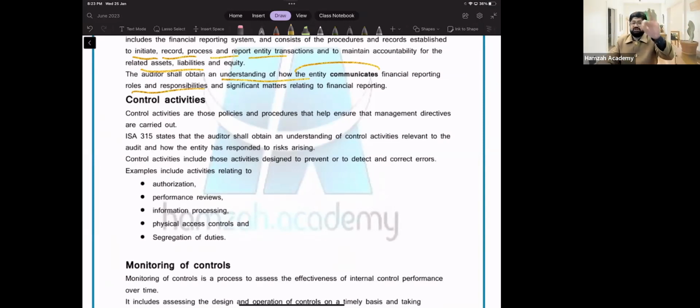Specific activities, specific policies to ensure objectives are achieved. For example, authorization. For example, recalculation. Note down, it is missing here. I will prepare the invoice. This person will review.